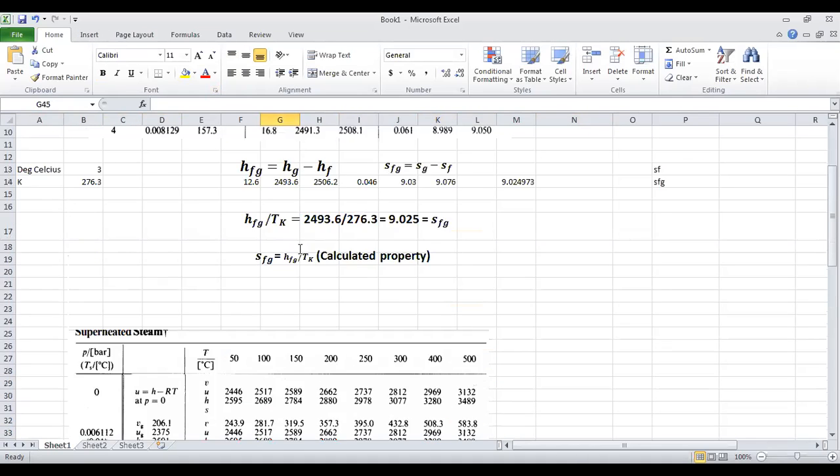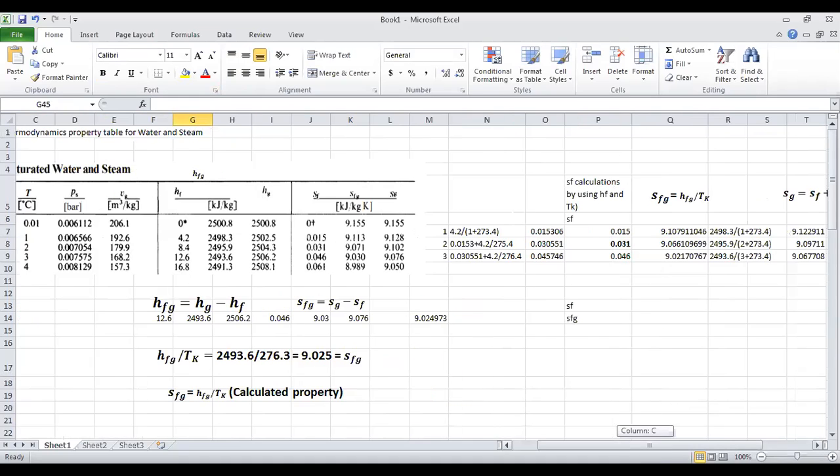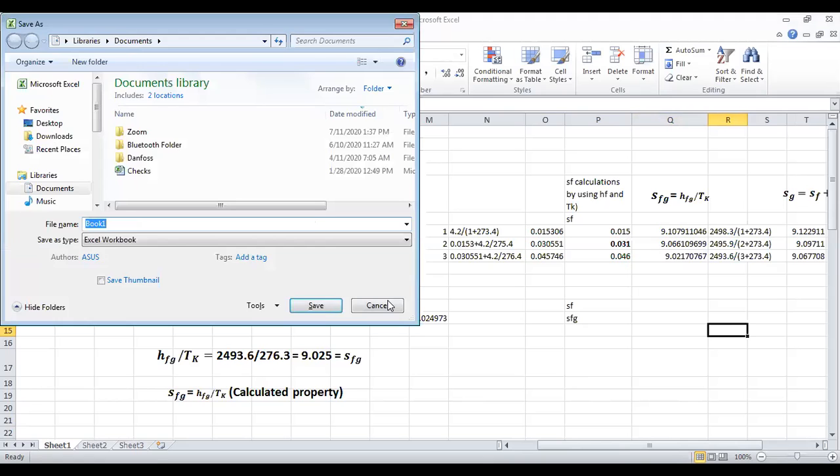And even for this case, instead of 2 here, instead of 1, if you can take 1.5, the average, maybe you have very close values. 9.09, I don't know what this is. 9.09 is the SFG value. Anyway, I'll just leave it 9.1. So anyway, it depends on the calculations.